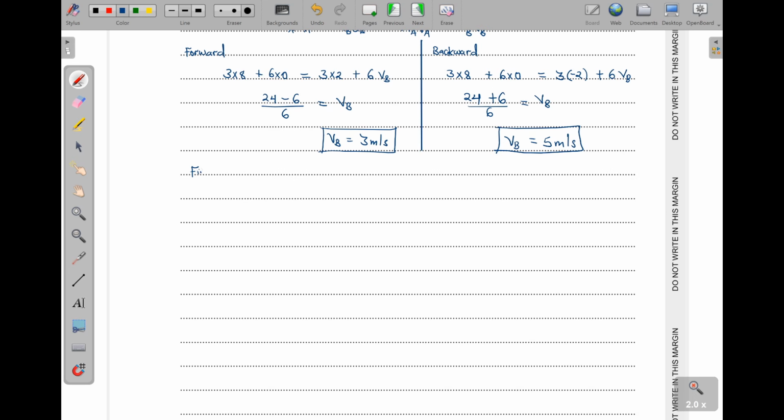Final kinetic energy, after collision, when A is moving forward. So this one is a half times 3 times 2 squared.